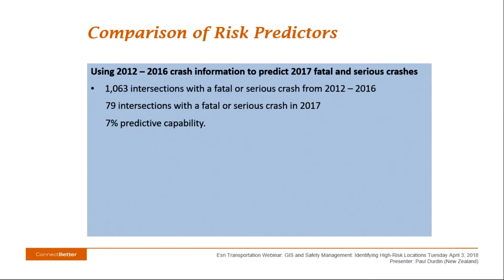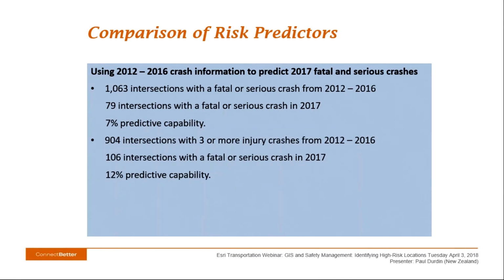There were 1,063 intersections with a fatal and serious crash from 2012 to 2016 in Auckland. Now in 2017, there were fatal or serious crashes at 79 of those intersections, so we'll just call that as having a 7% predictive capability at that stage. That's derived from dividing 79 by 1,063.